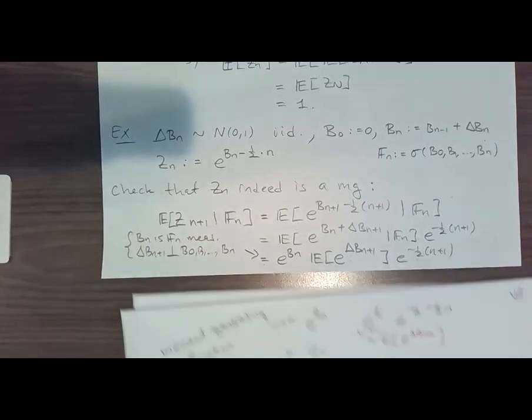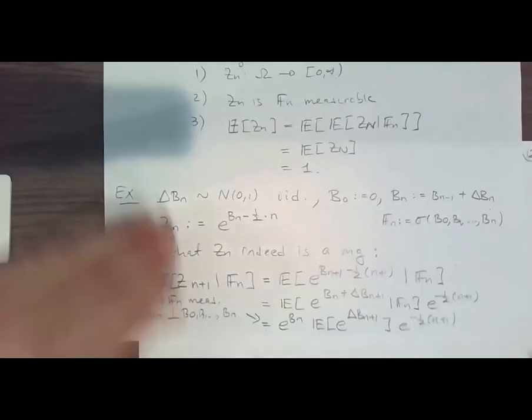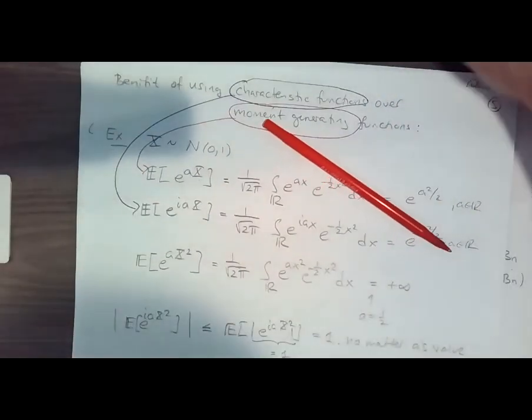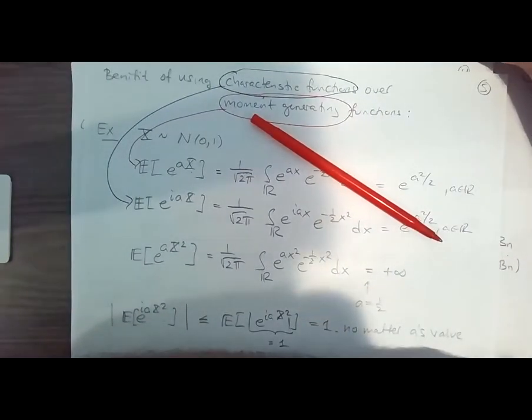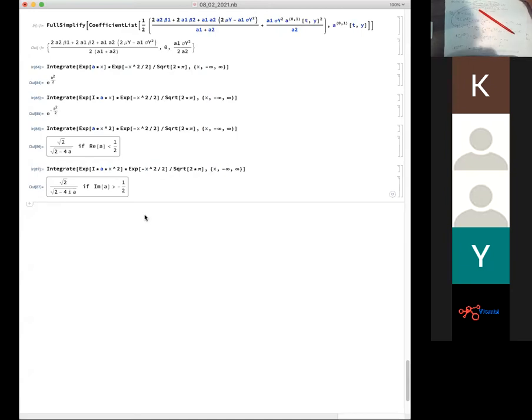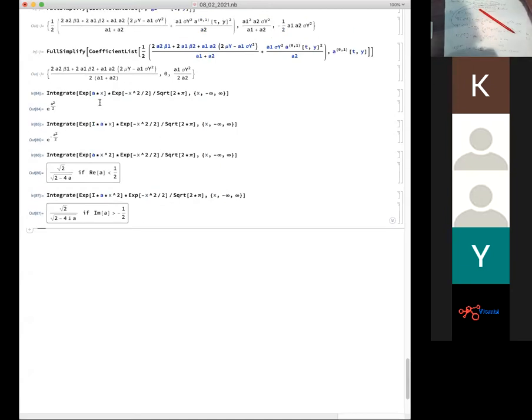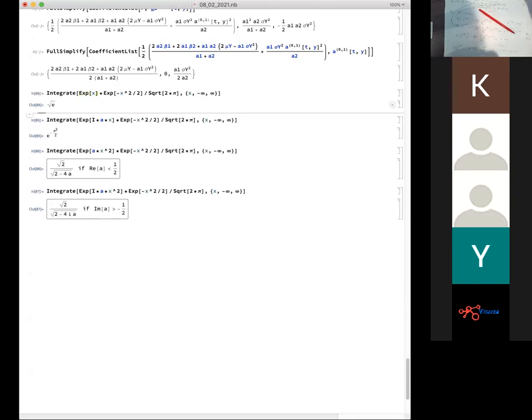You're not buying it. Another way to try to see this would be to go back to Mathematica. If you're looking up here, if I'm integrating, this is the moment generating function for a standard normal, right? So if I take a to be 1 here, and I run it, I'm just going to get this square root of e, or e to the 1/2.